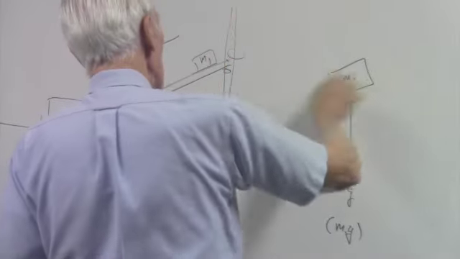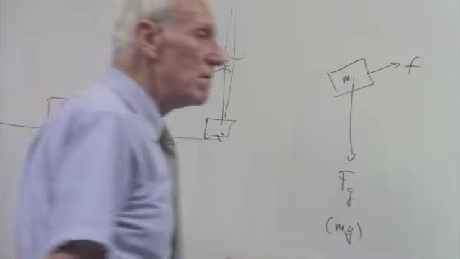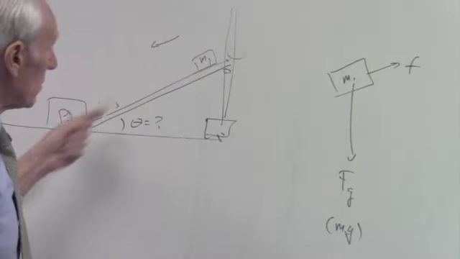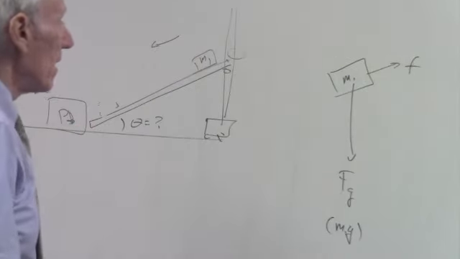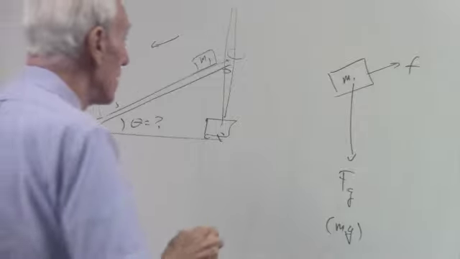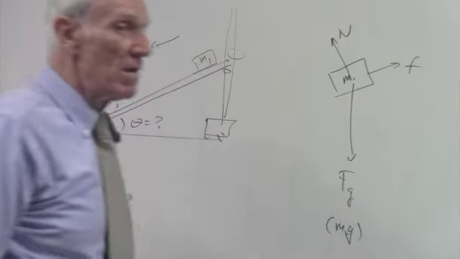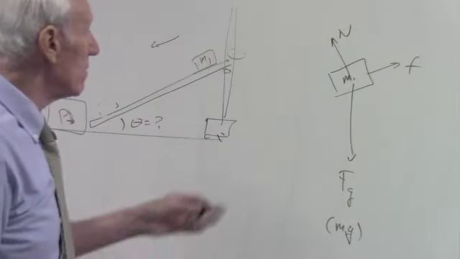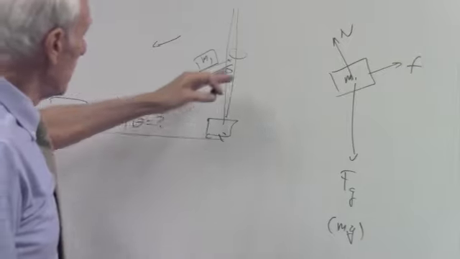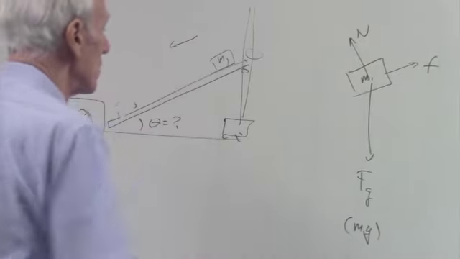Now, it's moving down this way, so friction is acting this way. It's always acting directly opposite the motion. And we also have a normal force. The normal force isn't the weight of this thing anymore. The normal force is normal, perpendicular to the surface where the friction is occurring. Okay, so we have this drawing here.